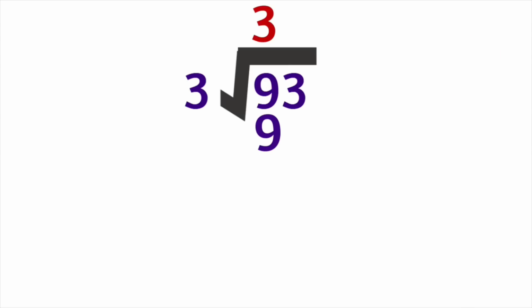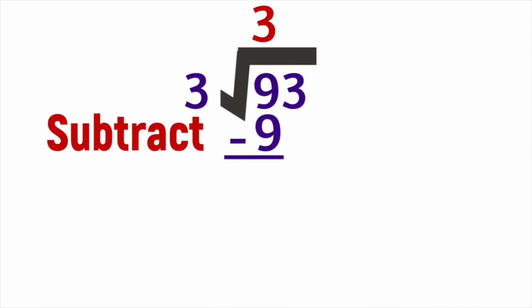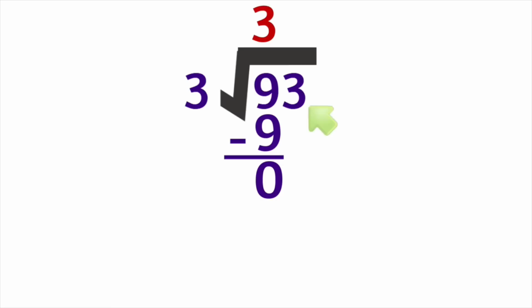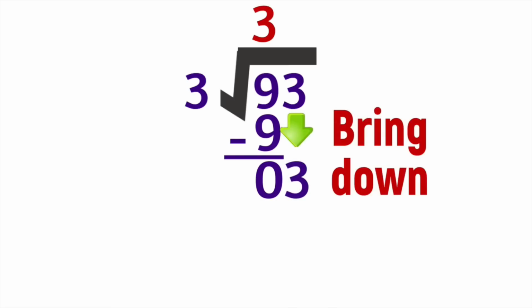Great. Next, subtract. We are going to subtract these 2 digits right here. What is 9 minus 9? 0. That's right. Since we have this extra digit in the dividend, it's time to bring down. We'll bring down the number 3. That's awesome!